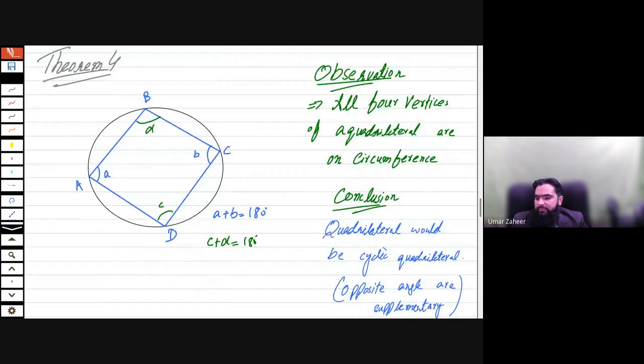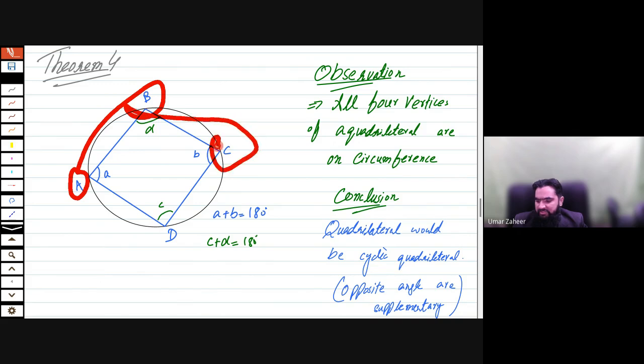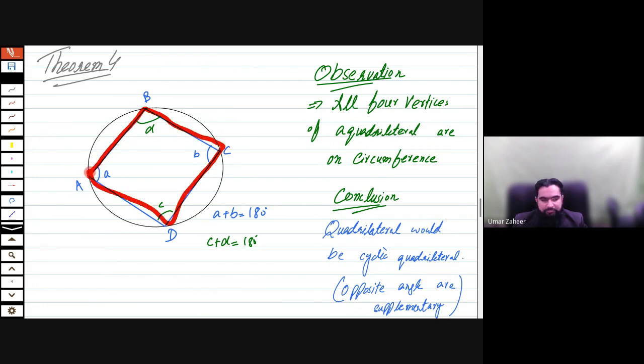So in theorem 4, we say that if all the vertices of a quadrilateral are on the circumference of a circle, then the quadrilateral must be a cyclic one. For example, no other information is given, but you can see that all the vertices of the quadrilateral are on the circumference.